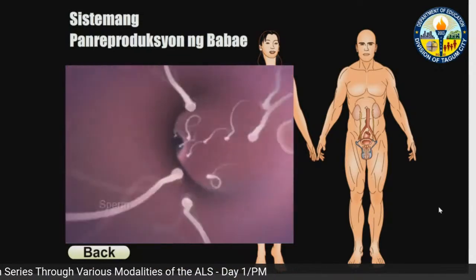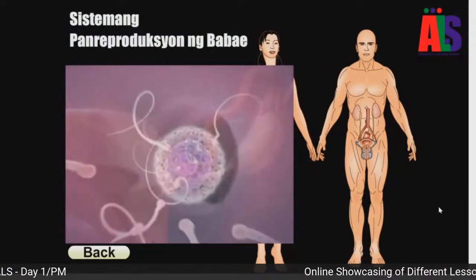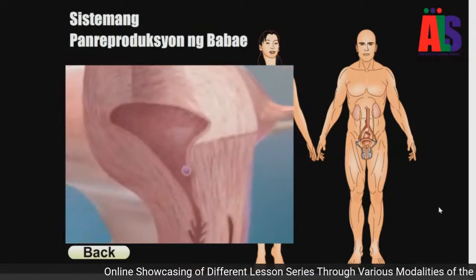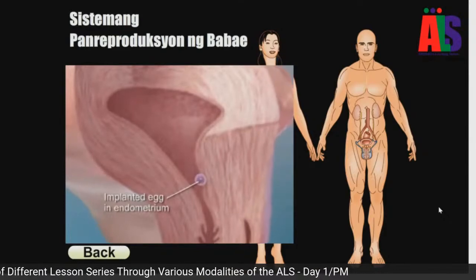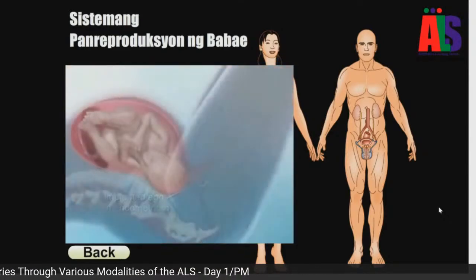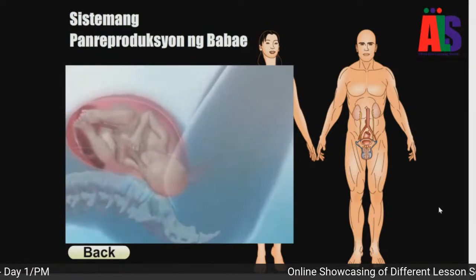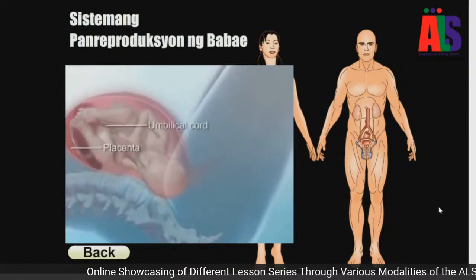Kung na-fertilize ang egg cell habang naglalakbay ito sa fallopian tube, ang corpus luteum ay patuloy sa paglalabas ng progesterone. Ang na-fertilize na egg cell ay pupunta sa matris at doon mananatili sa buong yugto ng pagbubuntis. Ang placenta o inunan ay nabubuo at doon kumukuha ng progesterone upang suportahan ang pagbubuntis.